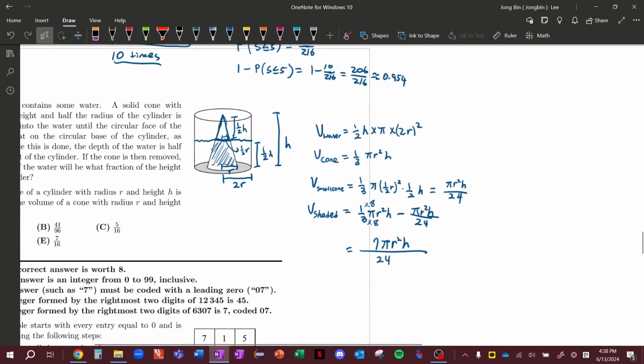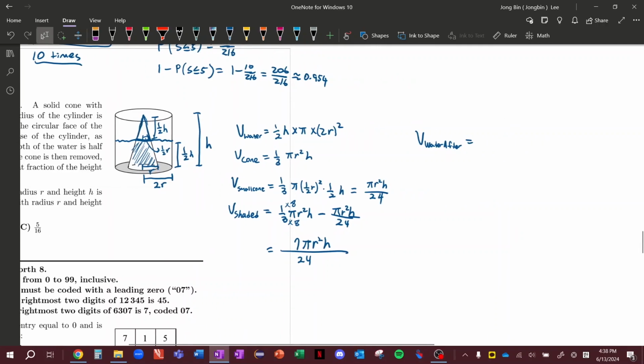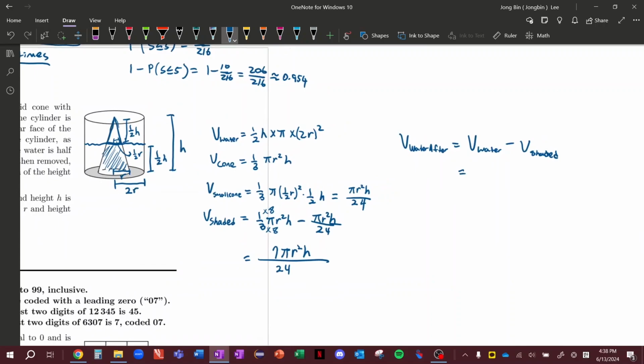So when this cone is removed, the volume of the water afterwards would be the volume of water subtracted by the volume of the shaded region. Okay, we forgot to calculate the volume of water, so this gives us 2 pi r squared h.